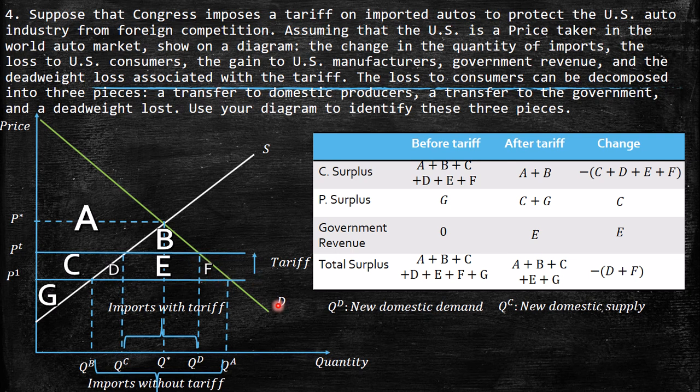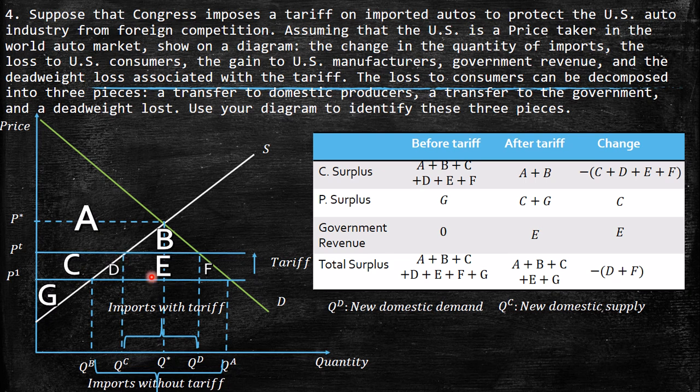So now how can we decompose this in three? The first one is the transfer to domestic producers. The transfer is this C, because it belonged before to the consumer side, but after the tariff it is not anymore to the consumers. It is part of the producers.